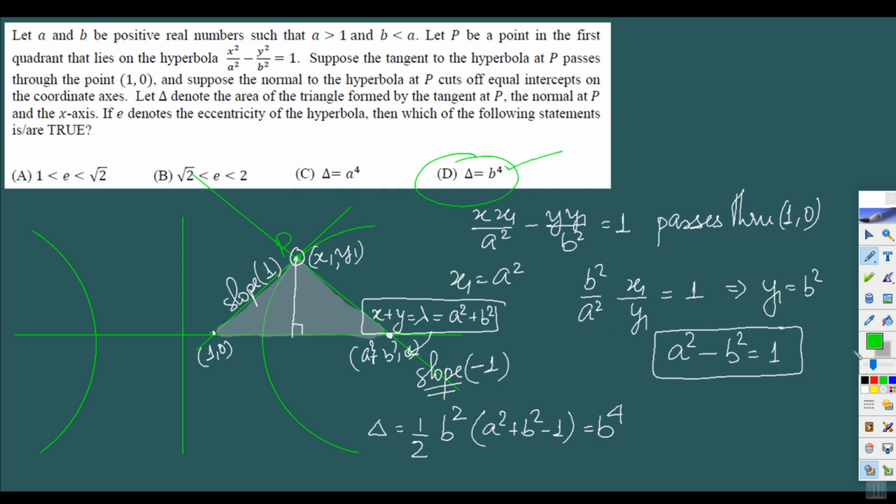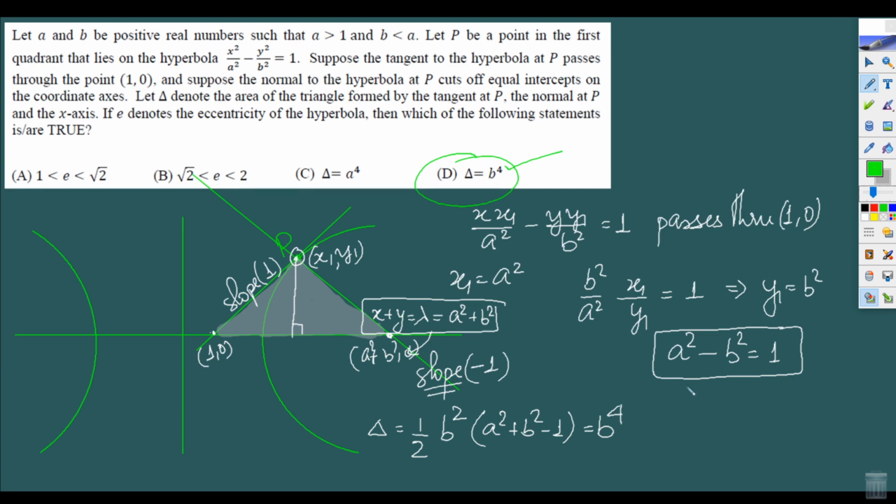Now coming to the eccentricity, how do we know? We know that eccentricity e square is 1 plus b square by a square in this case. So I divide this entire equation by a square, and I get 1 minus b square by a square is 1 by a square. If I swap this to the other side and add 1 on both sides, I get 2 minus 1 upon a square is your e square.